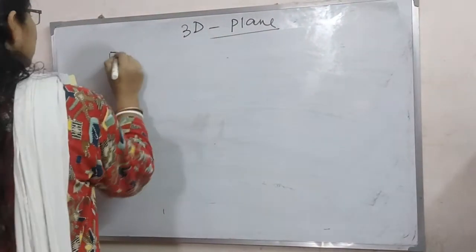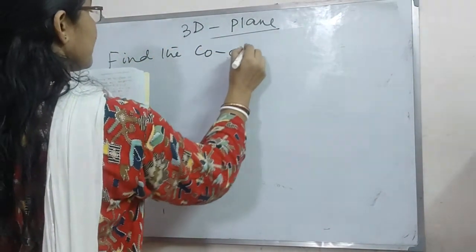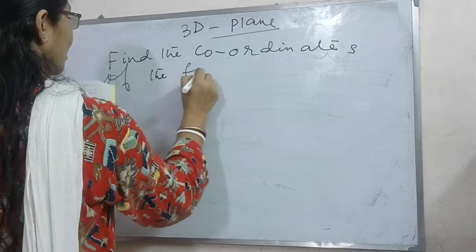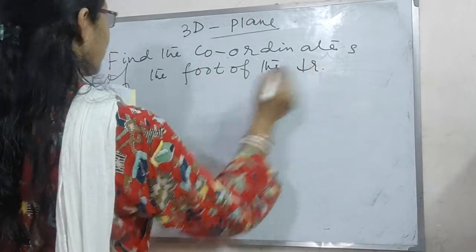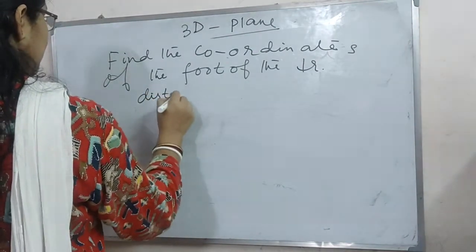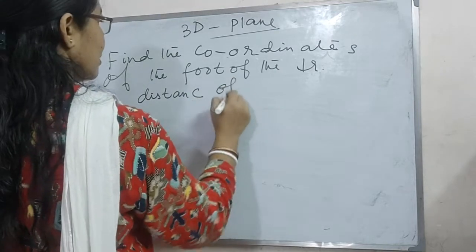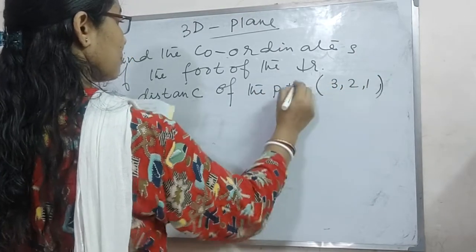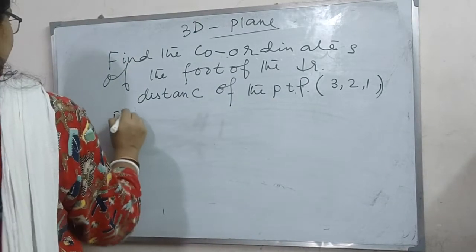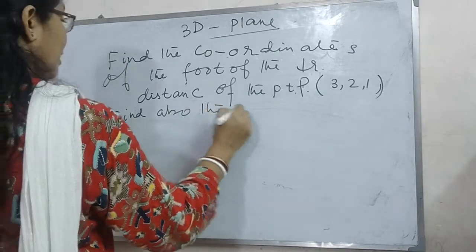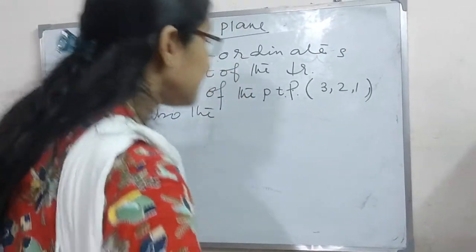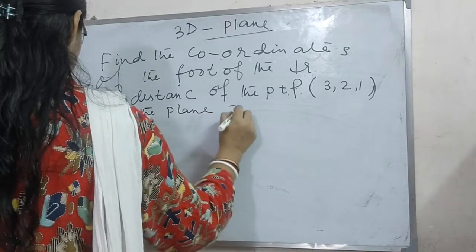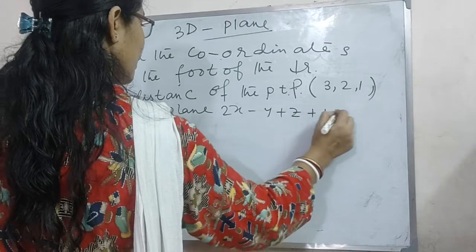Here the question is: find the coordinates of the foot of the perpendicular distance of the point P(3, 2, 1) from the plane 2x minus y plus z plus 1 equal to 0.